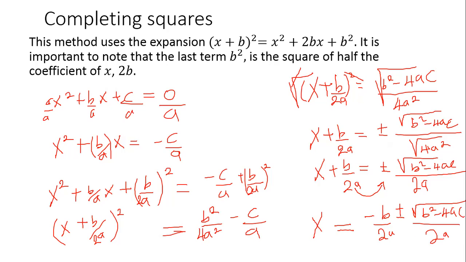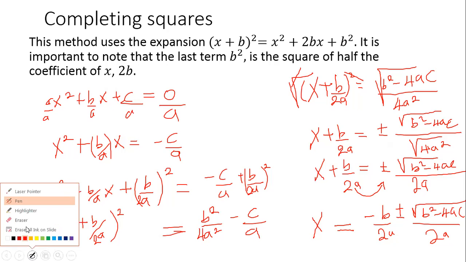So because they have the same LCM, that is how we conclude with the equation x is equal to negative b plus or minus root of b squared minus 4ac divided by 2a. So that is how the quadratic formula comes about.